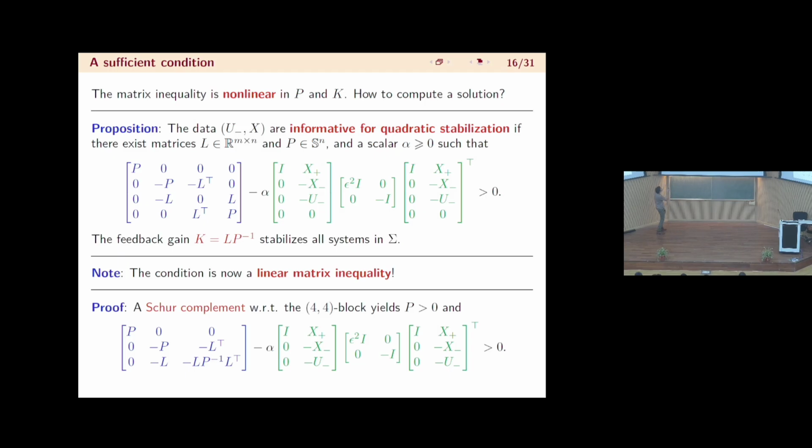And then I also have this additional term, minus alpha times the matrix, what we call N. N is just the first three block rows and three block columns of this matrix. So we have minus alpha N over here. Okay, that's not the full matrix, of course.